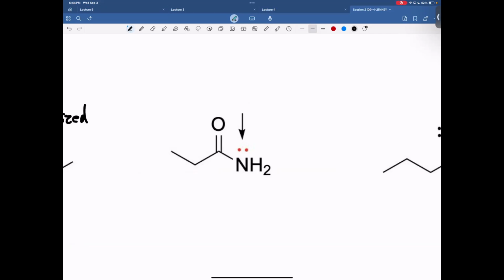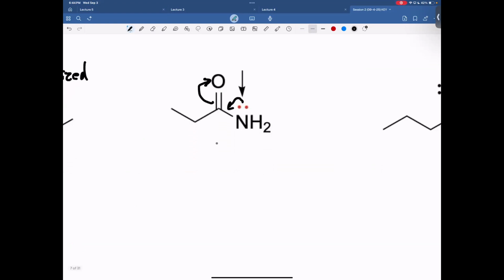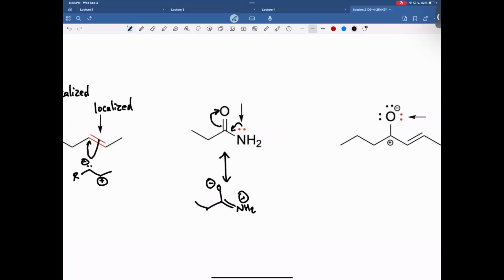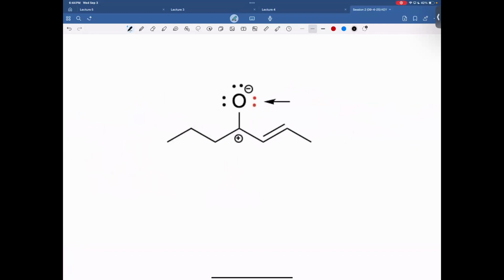You're correct, because this lone pair here can come here to form a double bond with the nitrogen, and this pi bond here can go up and form a lone pair. Does that make sense? So because it was able to participate in resonance, that means that electron was delocalized. Good job. Let's go on to the next one.